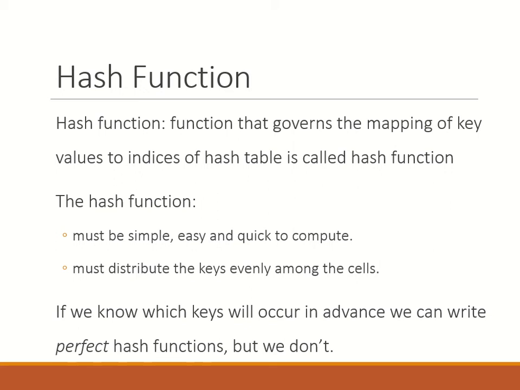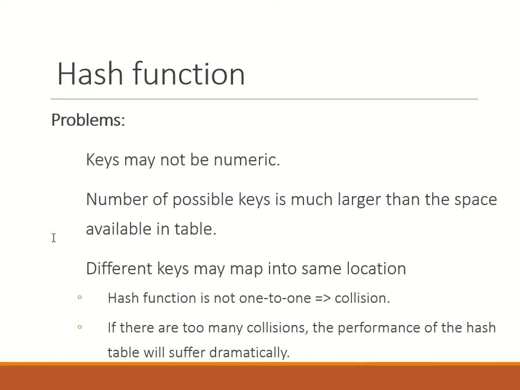Okay, now some problems are there with hash functions, like we saw in the previous example. The keys may not be numeric, so you cannot use a numeric hash function in all cases. Then the number of possible keys may be larger than the space available in the table, which means you have a table capable of handling 100 elements, but the user is flooding in 200 elements, so that is practically not possible to handle inside your hash table.